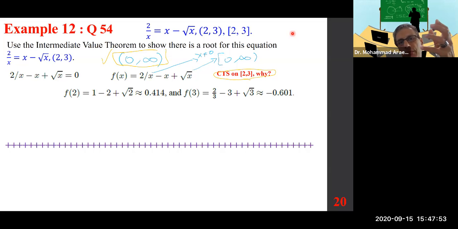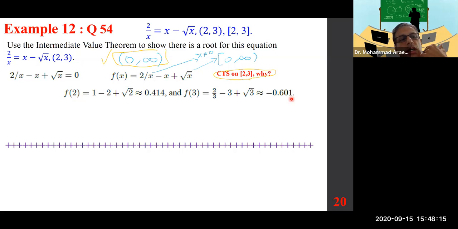Now, if you want to see what happens, you may have to use a calculator. The point is the following. One of them is positive. One of them is negative. We don't care what the number is. What we want is if one is positive, one is negative, 0 is in between.